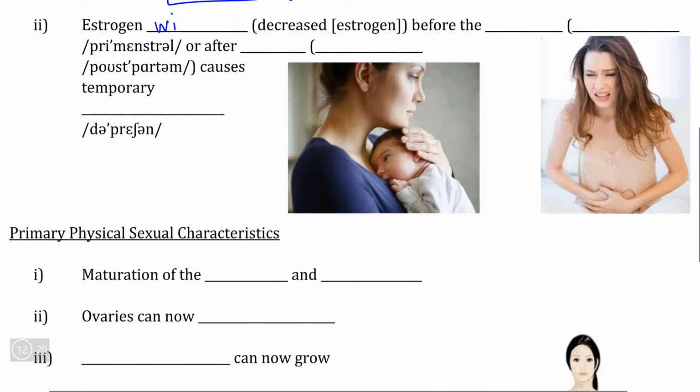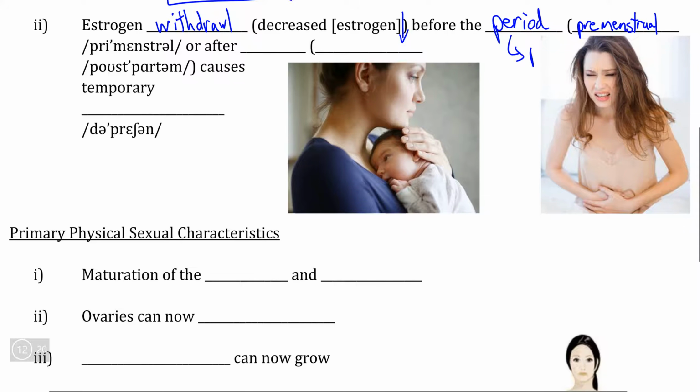So this effect is actually caused by estrogen withdrawal when the concentration of estrogen drops, and there are two key times when this happens. The first of which is during the negative feedback cycle, where the corpus luteum is degrading and right before menstruation is about to happen, which is why we call this the premenstrual estrogen withdrawal.